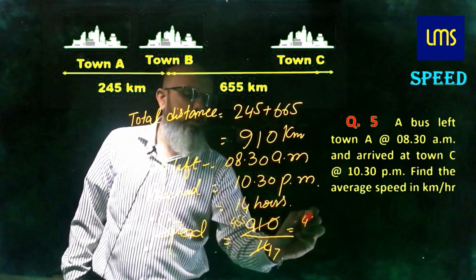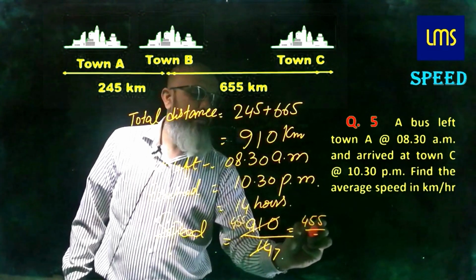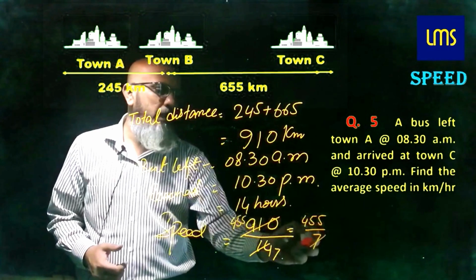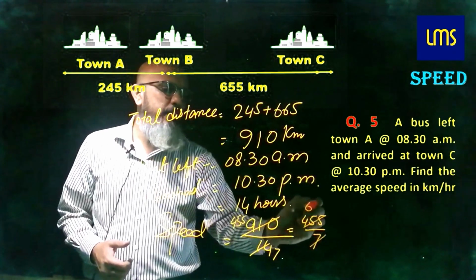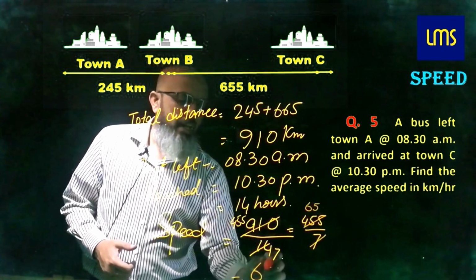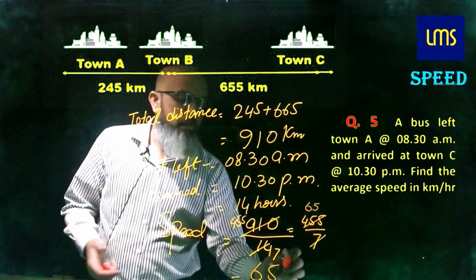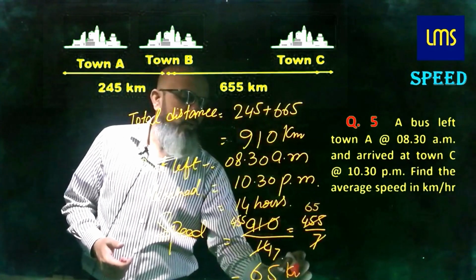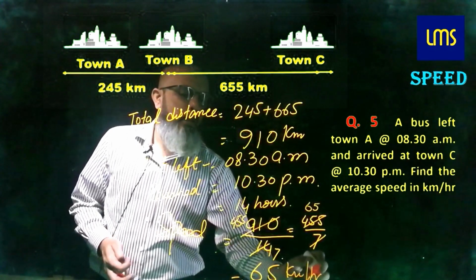So 455 divided by 7. Is it further divisible? Yes, it is further divisible. In the table of 7, 7 6s are 42 and 7 5s are 35. So the average speed of the bus from town A to town C is 65 km per hour.